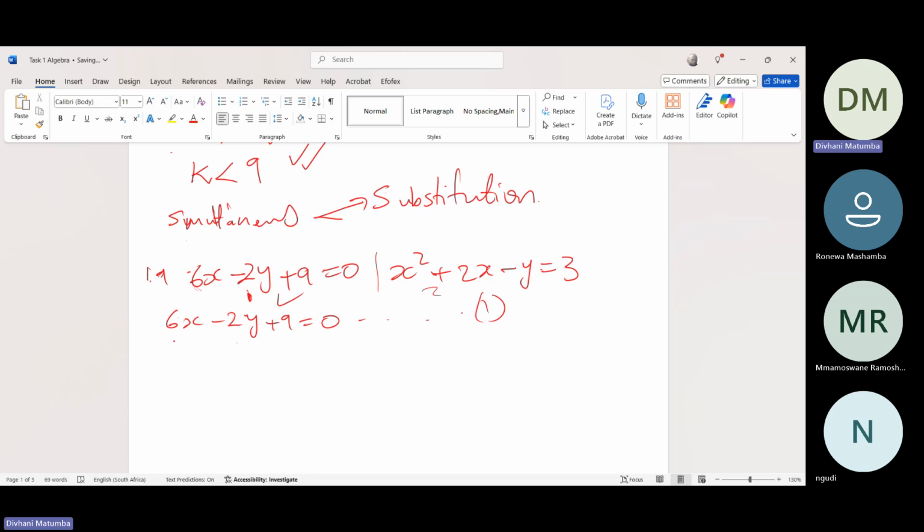So if I have equation 1, if I take minus 2y to the other side, I will have 6x plus 9 equals 2y, and if I divide by 2, I will have y equals 6x plus 9 over 2.